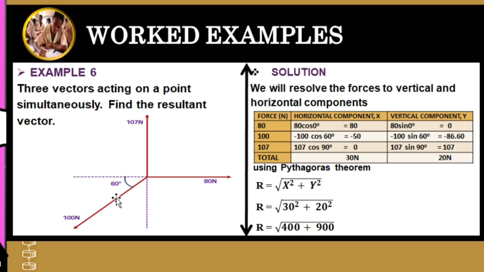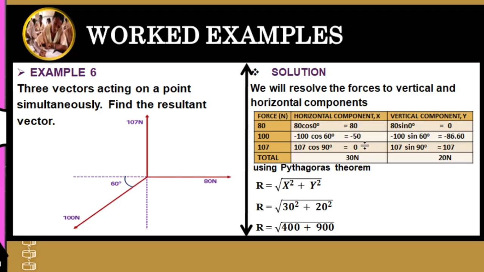Now look at 100. 100 is an inclined force, but take note, this 100 is in the negative x direction and the negative y direction. That is why for the x direction, the horizontal component, you see that it has a negative sign, because it is pointing towards the negative x direction. So that is minus 100 cos 60 degrees, which gives us minus 50.